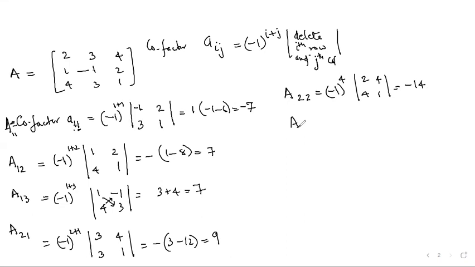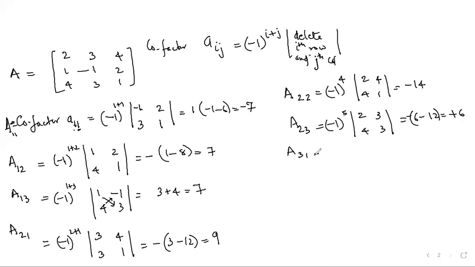Then A23. Minus 1 raised to 5. 2, 3, 4, 3. 6 minus 12, minus 6. So plus 6. But this minus also is there, no?